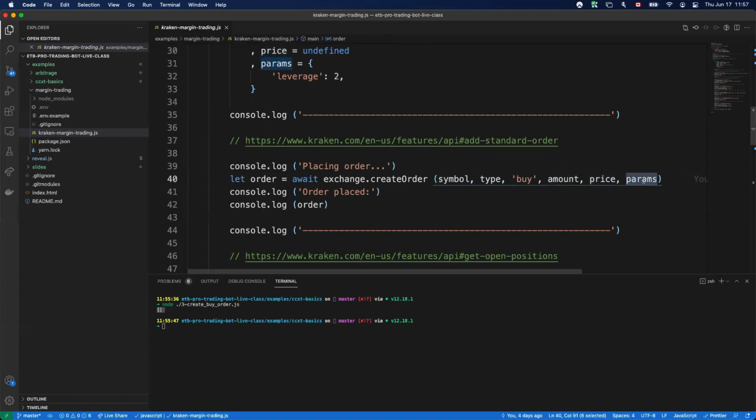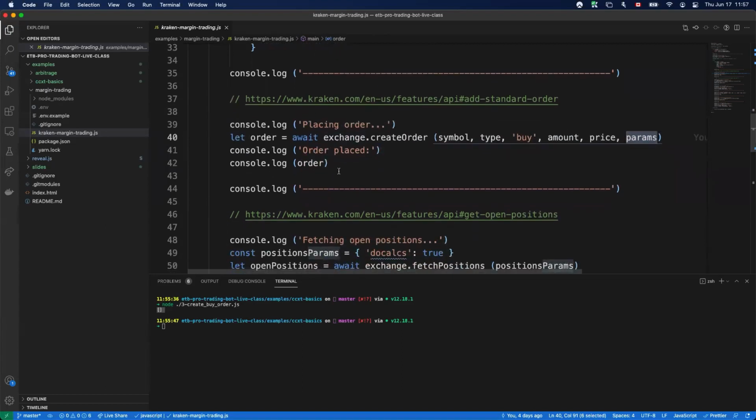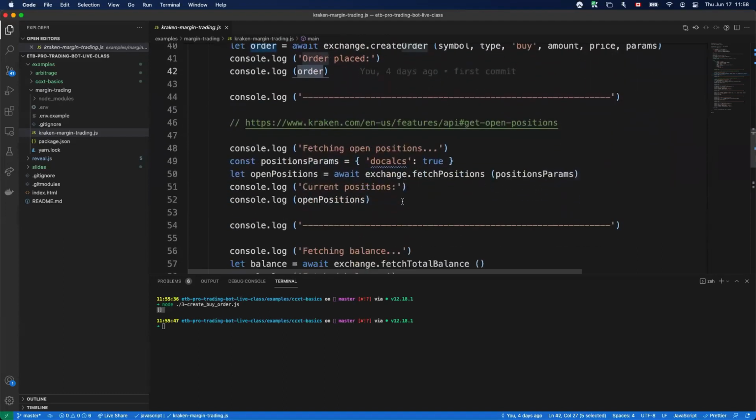And this is a params object in which we are mentioning that we would like to do 2x leverage. After we are done creating the order, you will be able to see the order JSON object that gets written from the exchange, indicating that the order is placed.